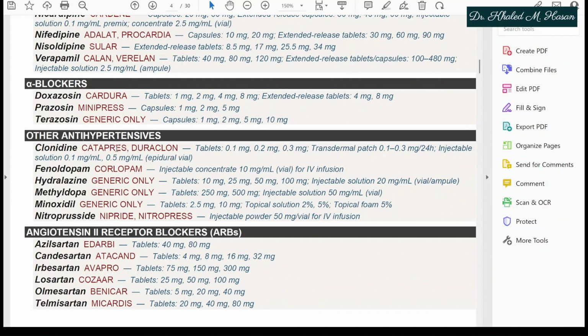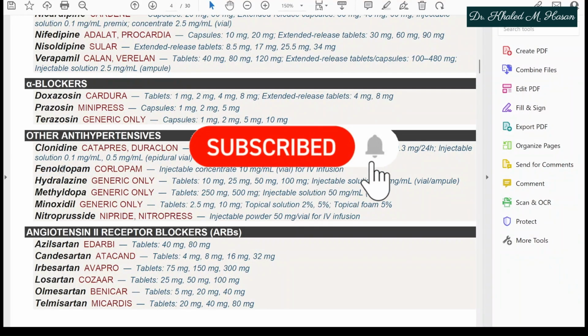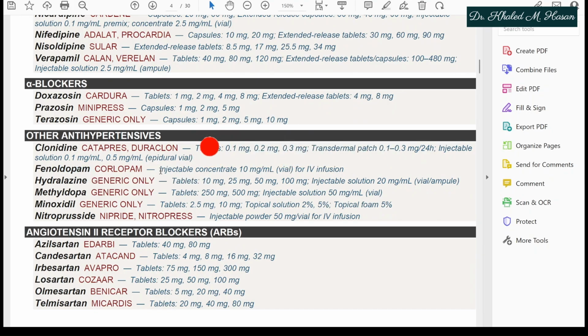Moving to the other medications, we have clonidine, brand name Catapres, as tablets, transdermal patch, and injectable. Clonidine is an alpha 2 agonist, acting on the alpha 2 adrenergic receptor. Fenoldopam belongs to the dopamine agonists. As you can see, dopam stands for dopamine, and this one is an injectable concentrated IV infusion for hypertensive emergency. Hydralazine is a medication especially considered safe during pregnancy.